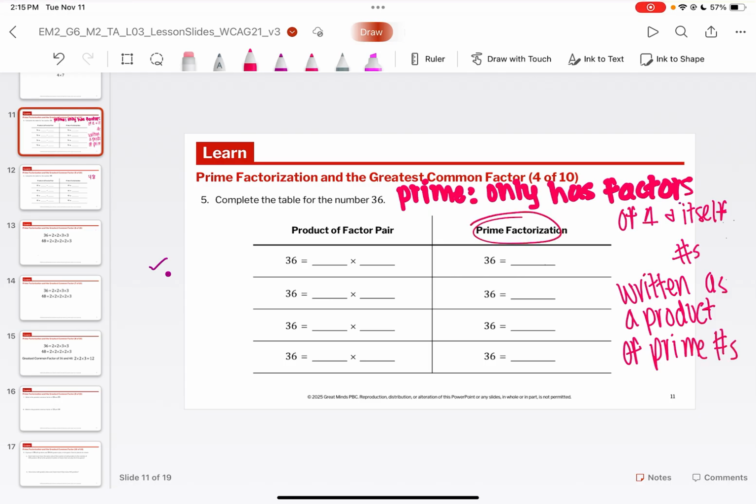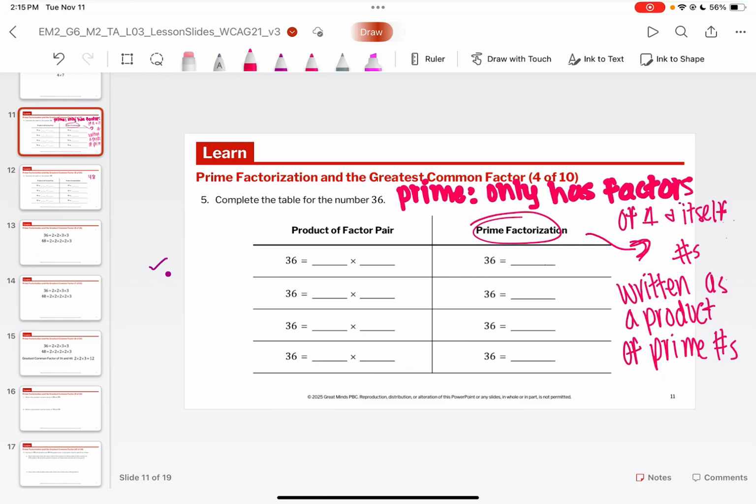That is what a prime factorization means. Numbers written as a product of prime numbers. What does this mean? I'm going to show you, okay? When you have this written down, put your pencil down. Okay, so far so good?